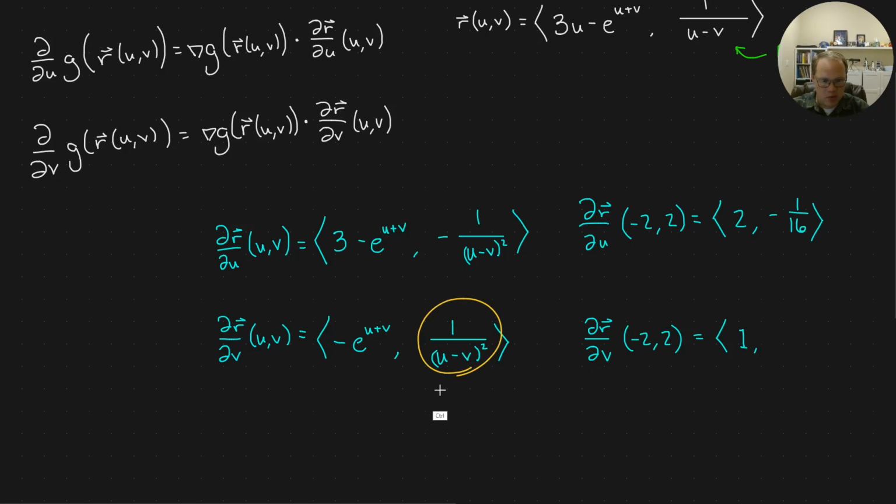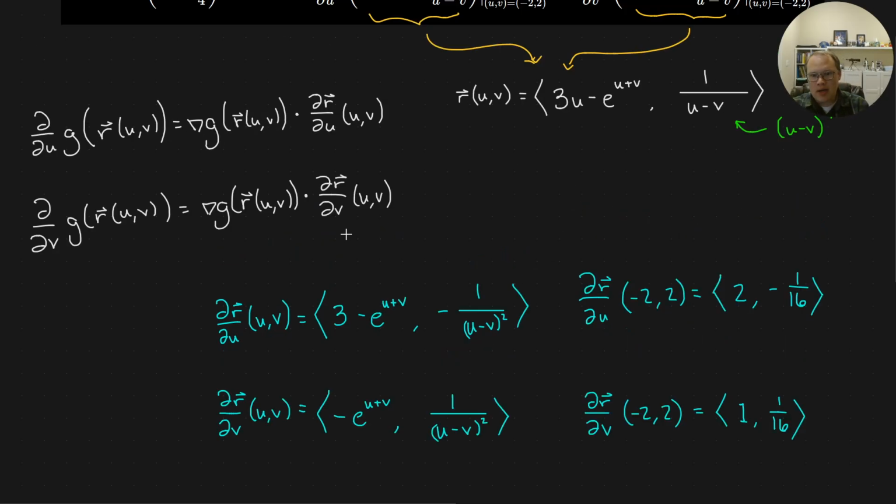And for the second component, negative 2 minus 2 is negative 4. Squared is 16, so I get 1/16. Okay? So I know what I'm going to plug in here and here. I still need to figure out what I'm plugging in here and here, right?